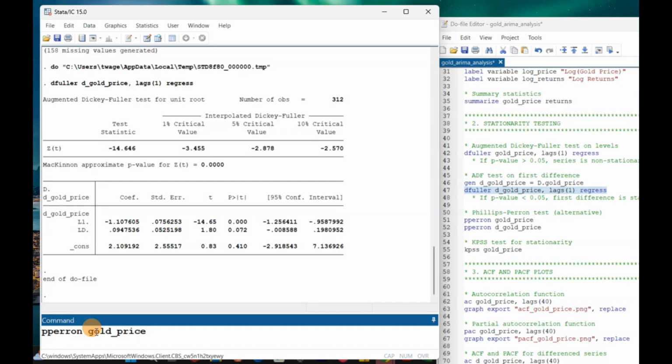Why are we testing autocorrelation? We want to look at the correlation between errors. So the code will be AC.